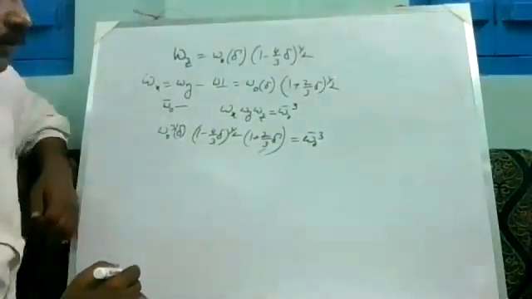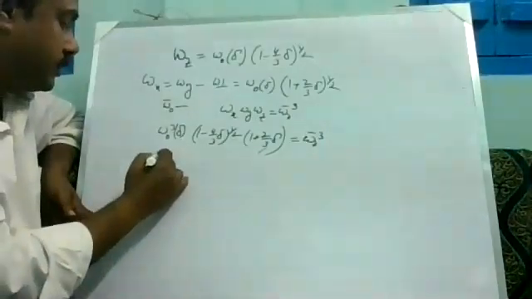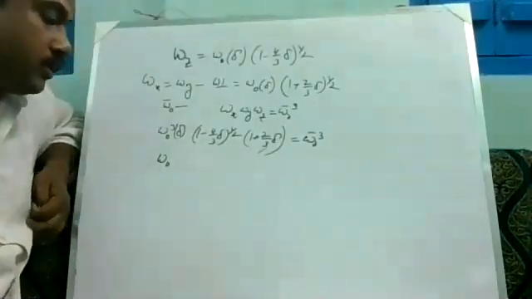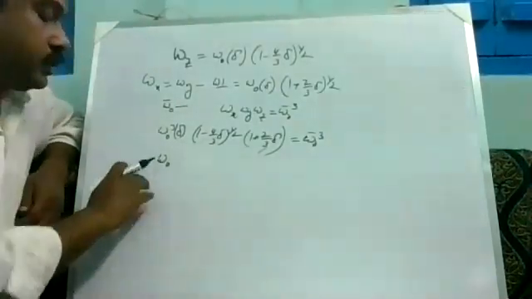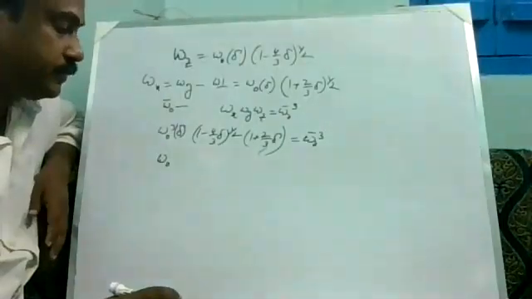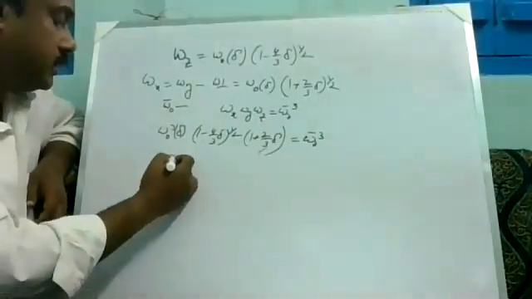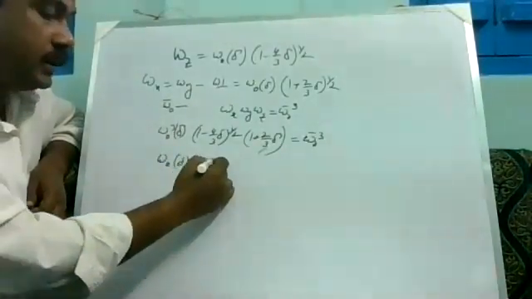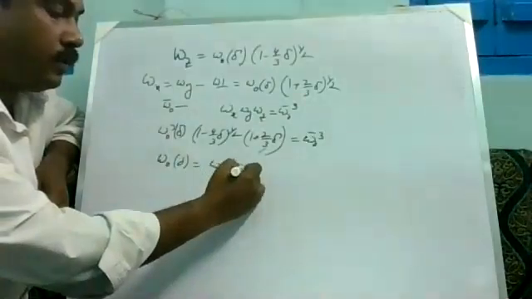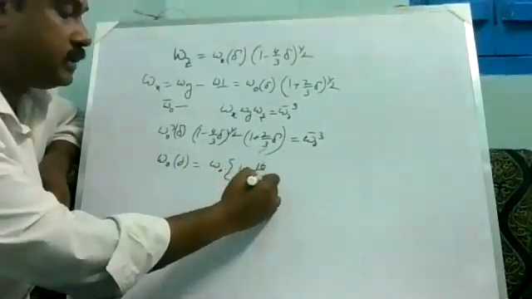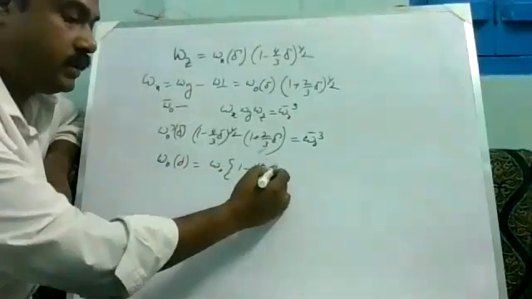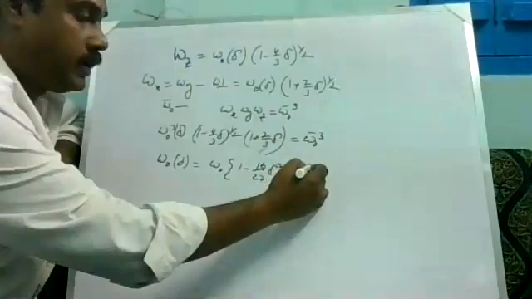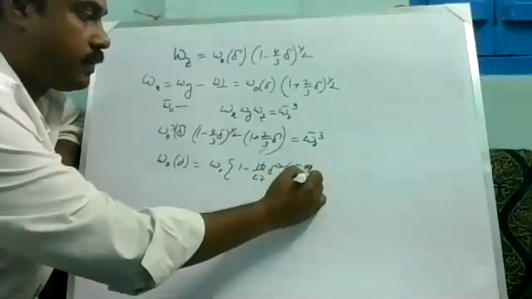After a little bit of calculation, I guess you will do the calculation in your own hand, it will be far better. So just leave 2 or 3 steps and write the final result. Omega 0 can be written as omega 0 bar into 1 minus 16 by 27 delta square over delta plus 9 by 4.